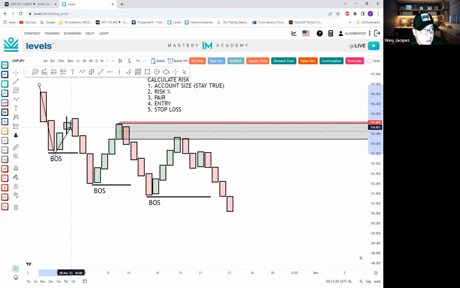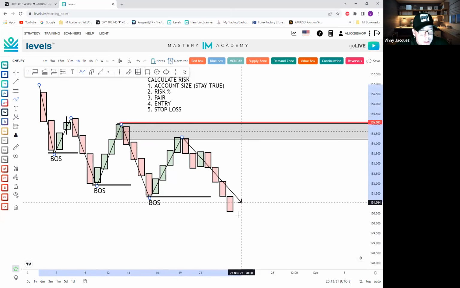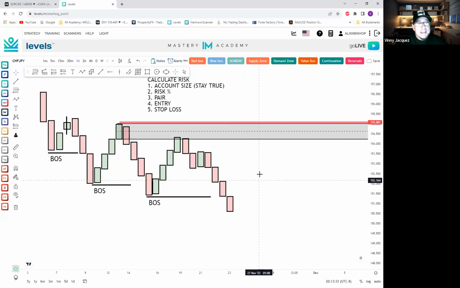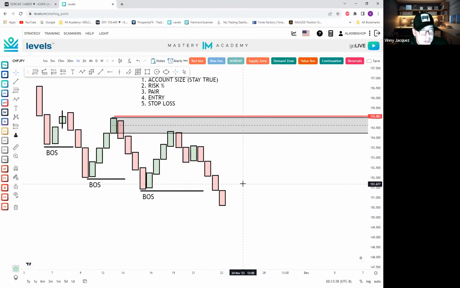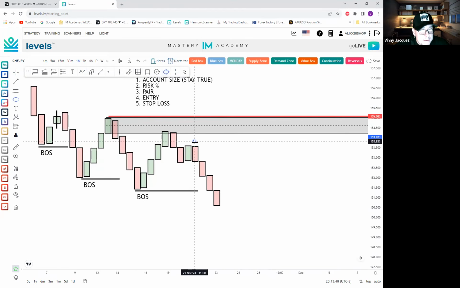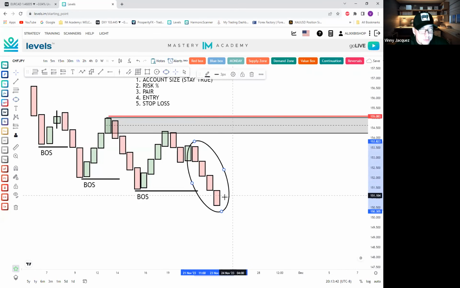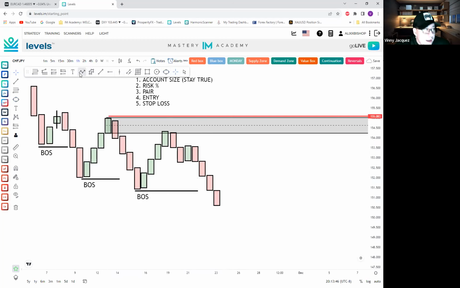Lower low, lower high, lower low, lower high, lower low, lower high, lower low. Right now we need to find our starting point. So now that we've identified our break of structure to the downside, let's identify our breakout rally. Boom. That's our breakout rally. Now we need to find our starting point. 1 candle, 2 candle, 3 candle, 4 candle.